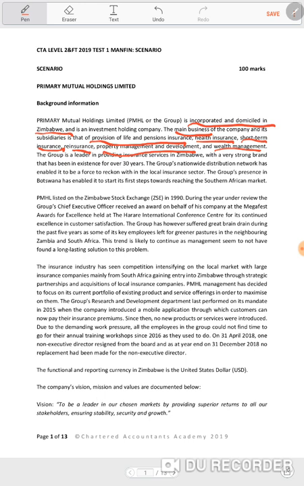So which company is riskier, PMHL or Moxim? If the Zimbabwean market falls or crashes, is Moxim going to be affected? So you can see that PMHL is riskier than Moxim, as PMHL is only situated in Zimbabwe.